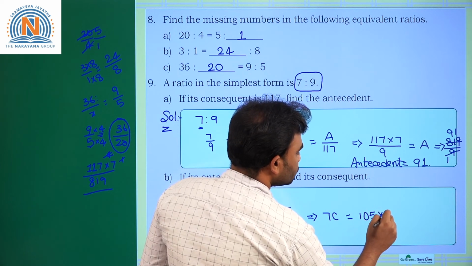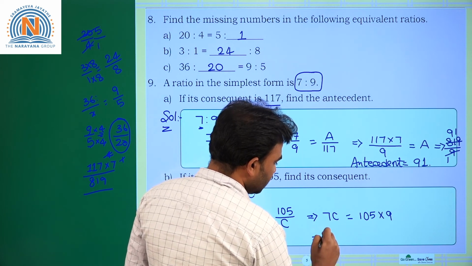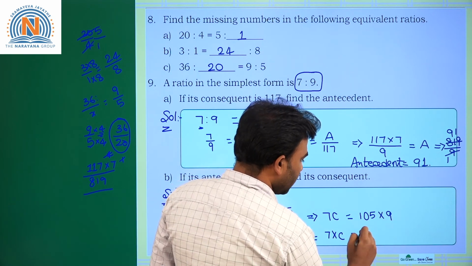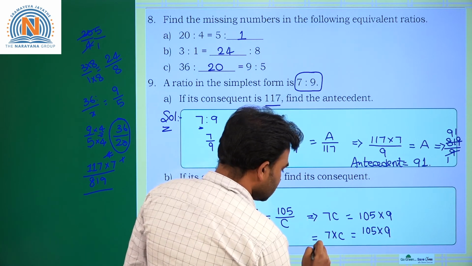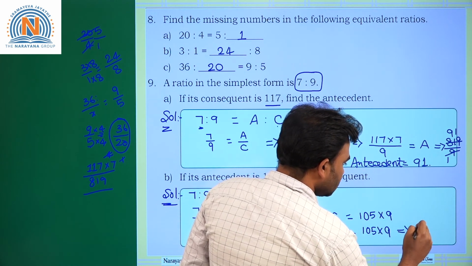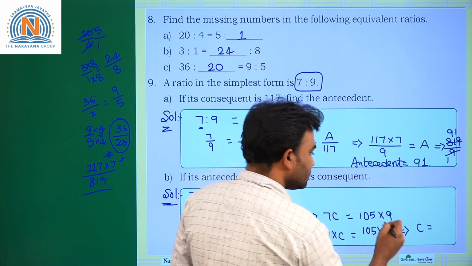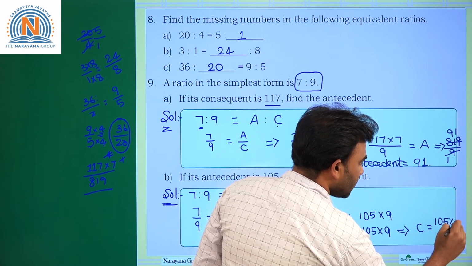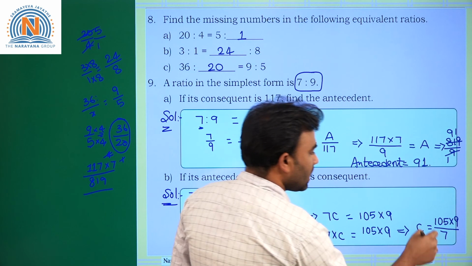So 7 into C is equal to 105 into 9. When 7 goes to the right side, it will divide 105 into 9, so C is equal to 105 into 9 by 7.